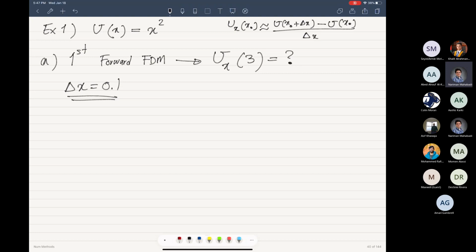Okay, so simple, right? The first derivative of x can be approximated by this equation, which is right here.